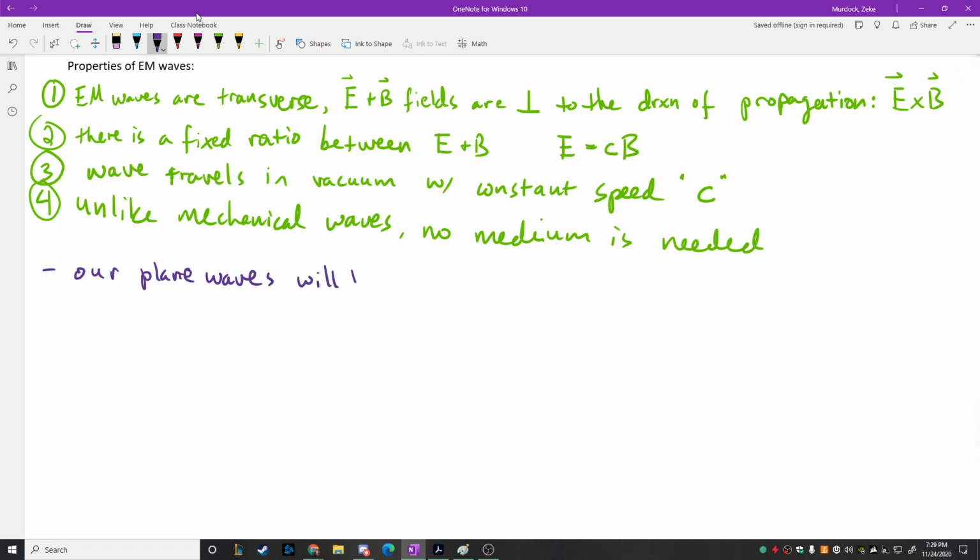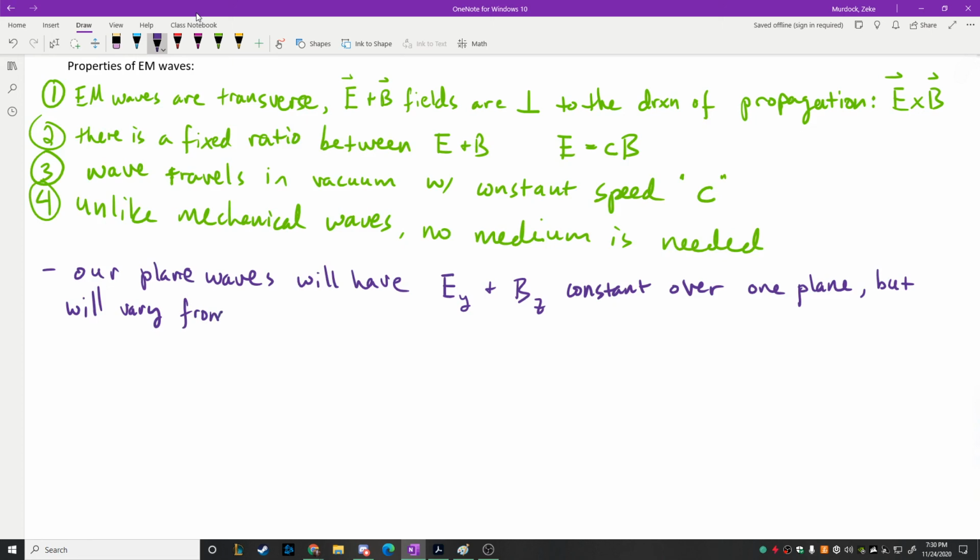They will have the y component of the electric field and the z component of the magnetic field constant over one plane, i.e. the yz plane, but will vary as you move along the x direction. We'll say from plane to plane.